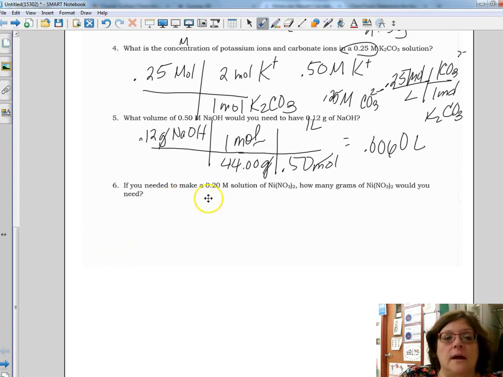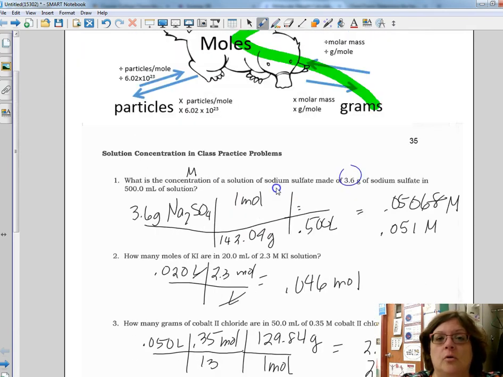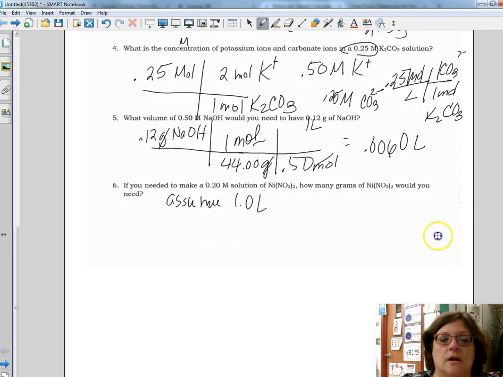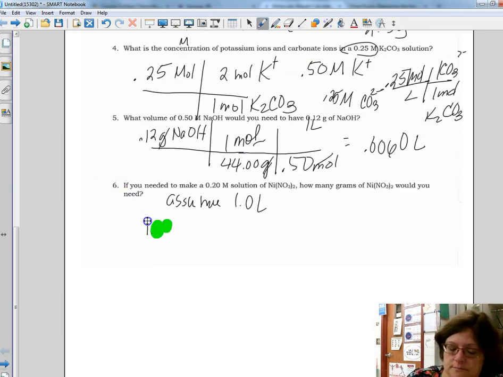All right, we're going to make a 0.20 molar solution. It doesn't give us a volume. We need a volume, so we're going to assume that we're going to make a 1.0 liter solution of nickel 2 nitrate. We've assumed our volume. We know our molarity. We're going to go from volume to moles and then moles to grams. Our volume is 1.0 liters.